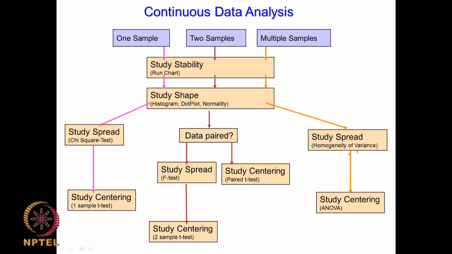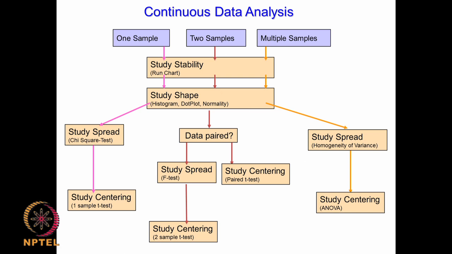When I am comparing variances, there is something called the F-test, or if I have multiple samples and am comparing variances, then this is called ANOVA, analysis of variance. If I am comparing the spread, there is something called homogeneity of variance. So, there are different types of tests possible, and we are going to spend a lot of time on each one of them.